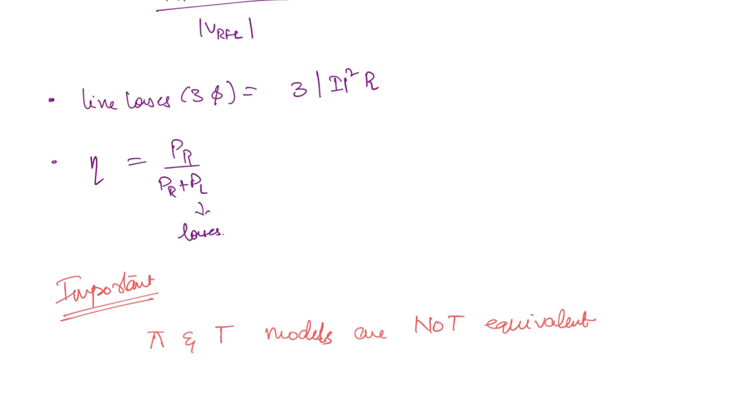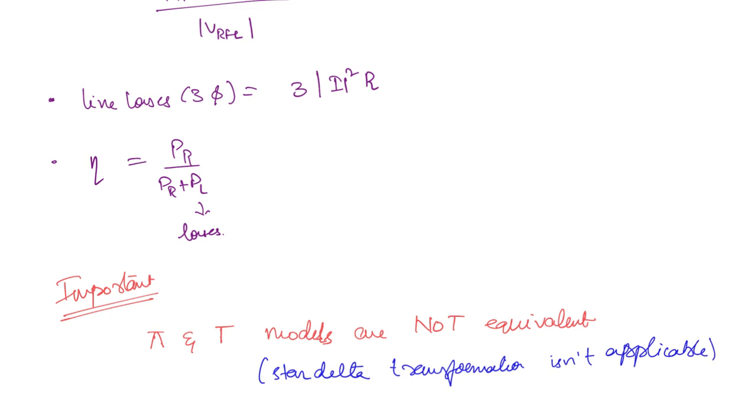The pi model looks like a delta, and the T model looks like a star, right? So if you think that you can get this by star delta transformation, that is not the case. Star delta transformation is not applicable here, simply because they are not one and the same. They are just 2 different ways of representing medium length transmission lines.